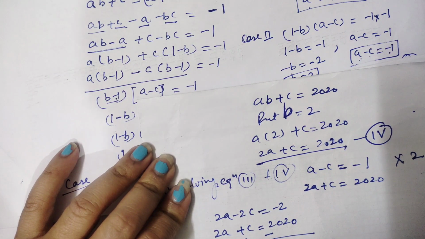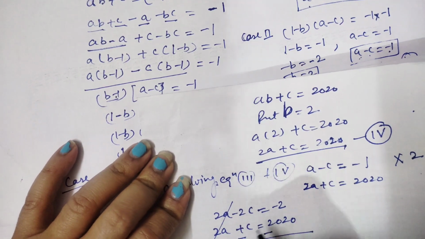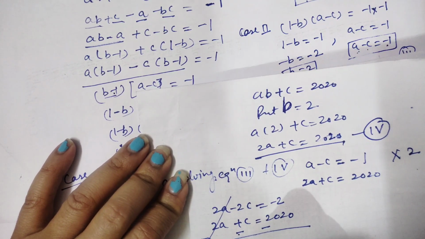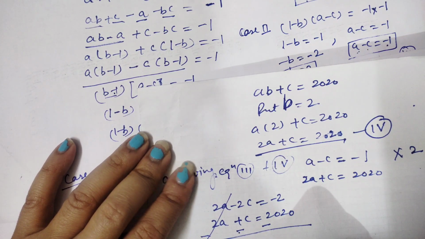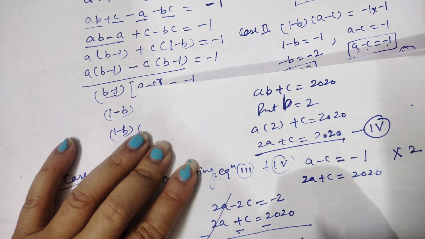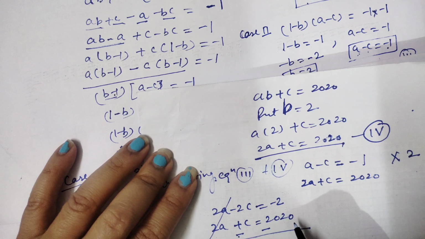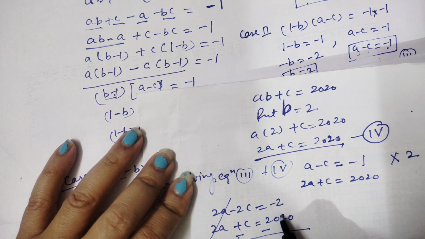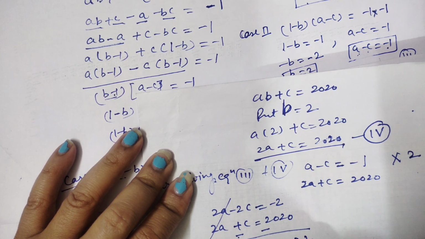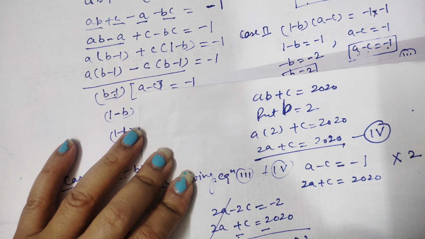So a cancels out, and minus minus plus, 2c minus minus is 3c. If you add these two, it is 2022.